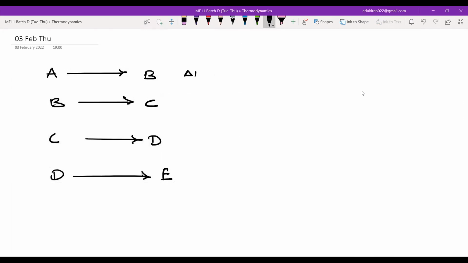It means you have been given delta H1, delta H2 for this reaction, this is the delta H3, this is the delta H4. All of these enthalpies are given and you have been asked to calculate the enthalpy of reaction A to E.